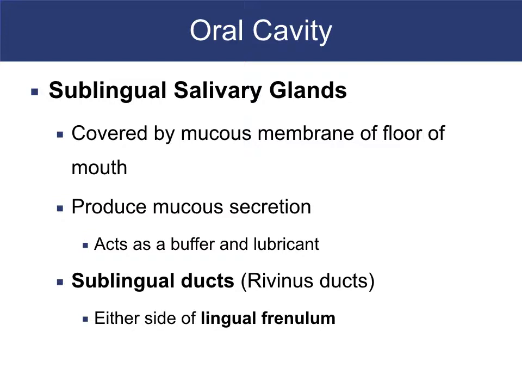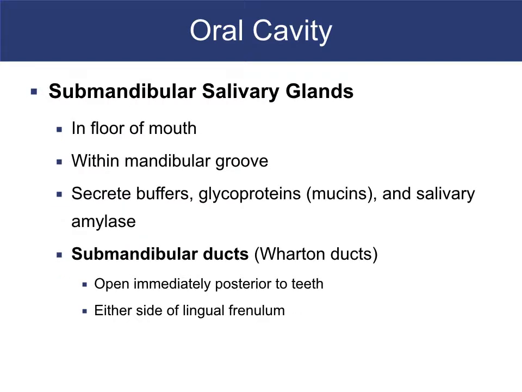These glands are pretty small, and they have these little things called Rivinus ducts, sublingual ducts, and there's a whole bunch of holes on either side of the lingual frenulum. They're just 8 or 10 holes on either side. So these aren't the ones you gleek through. The sublingual salivary glands are not the ones you gleek with, but they do empty out right there along either side of the lingual frenulum in your mouth.